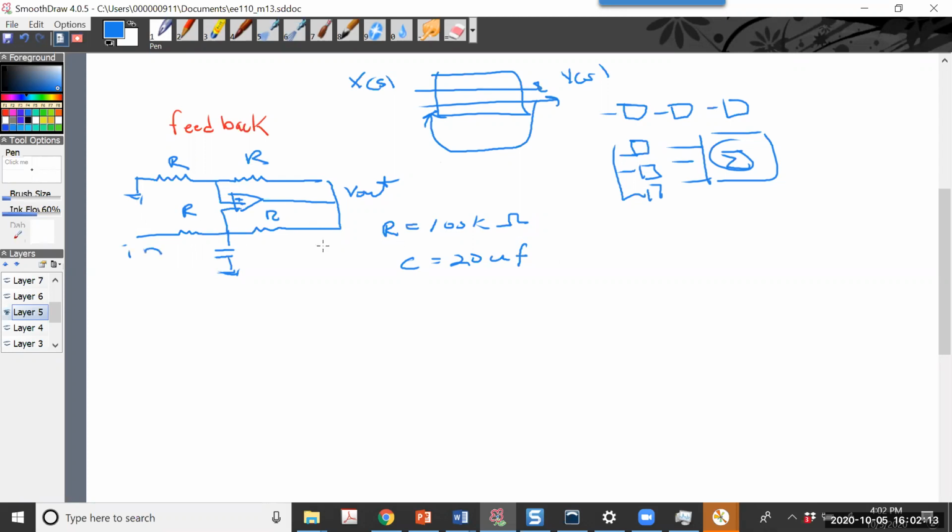All right, so it can be shown that H of S of this system is just 1 over S. So that's just an integrator, right?